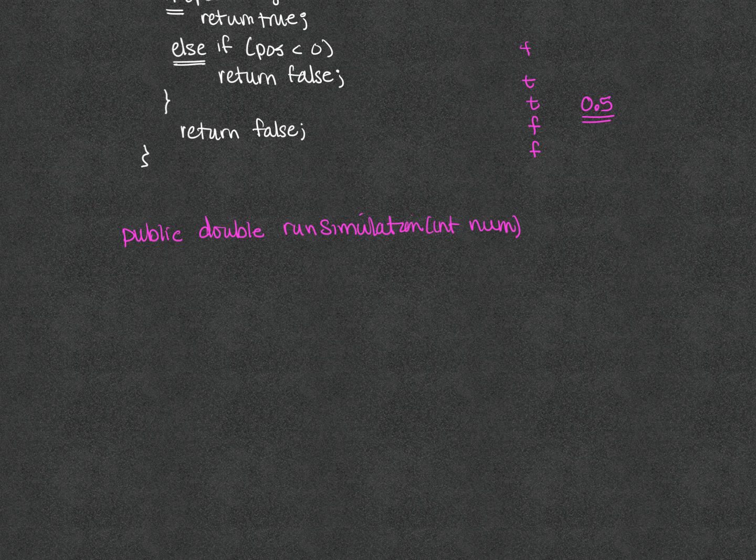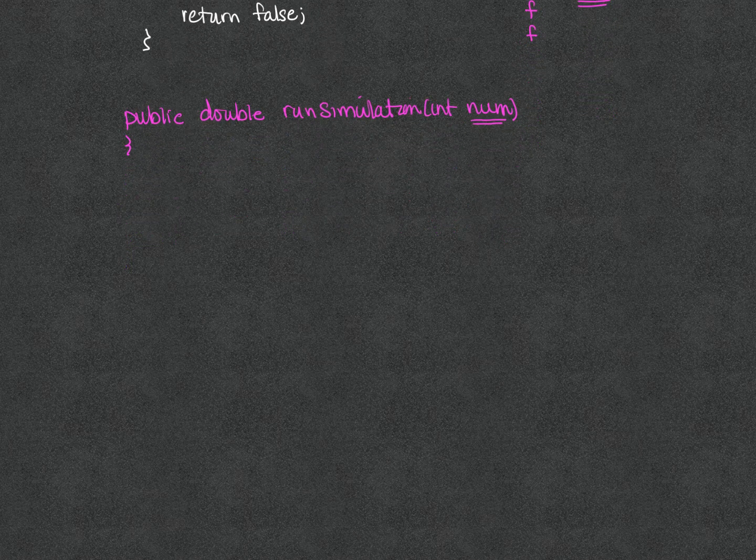So we know how many times we're going to go through the simulation because that's num, but we need to figure out how many times are successful. So we need the variable count success, and originally that's going to be set equal to 0. Now we're going to go through the simulation as many times as we need to.